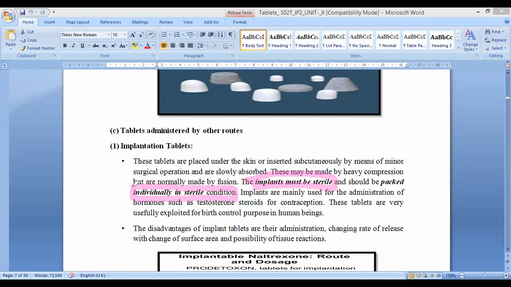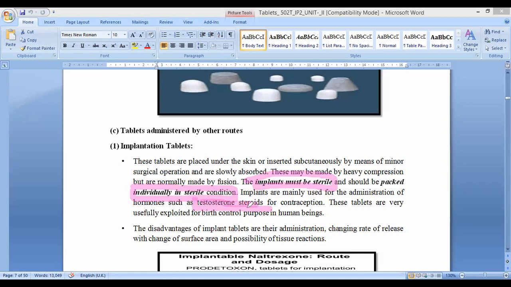As you keep this beneath your skin with the help of a minor surgery, there are more chances of infection. That is the reason it should be sterile. The subcutaneous route is one of the routes by which we give parenteral drugs also. Implants are mainly used for administration of hormonal drugs such as testosterone, a steroid which is used for contraception.